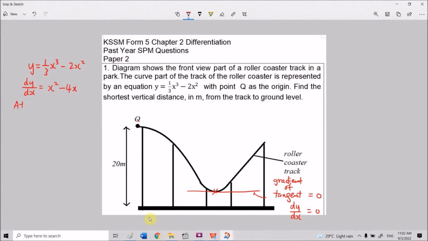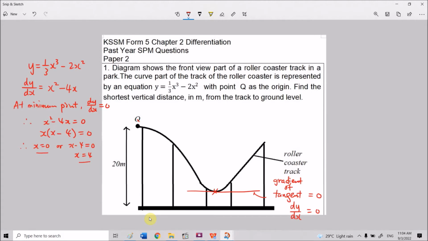And at the minimum point, dy/dx equals 0. Hence, x^2 minus 4x equals 0. In order to find the value of x, we factorize this. You get x(x minus 4). So x equals 0, or x minus 4 equals 0, x equals 4. Okay, so now there are two values of x.